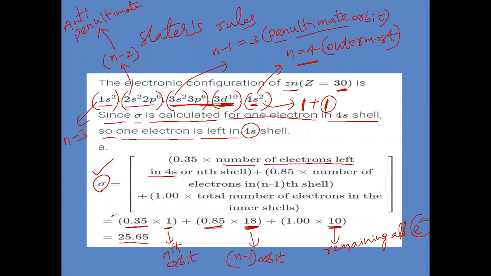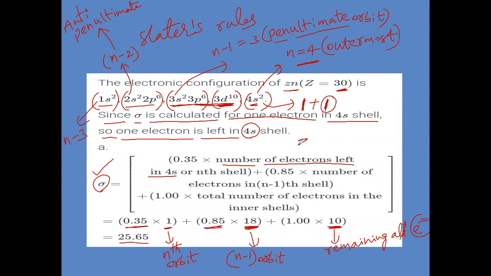Sigma value. Now what have they asked you to calculate here? Effective nuclear charge. So what do we have to do now? What minus what do we have to take here? The atomic number of zinc, how much? 30 minus the sigma value, how much? 25.65. How much do we get now?